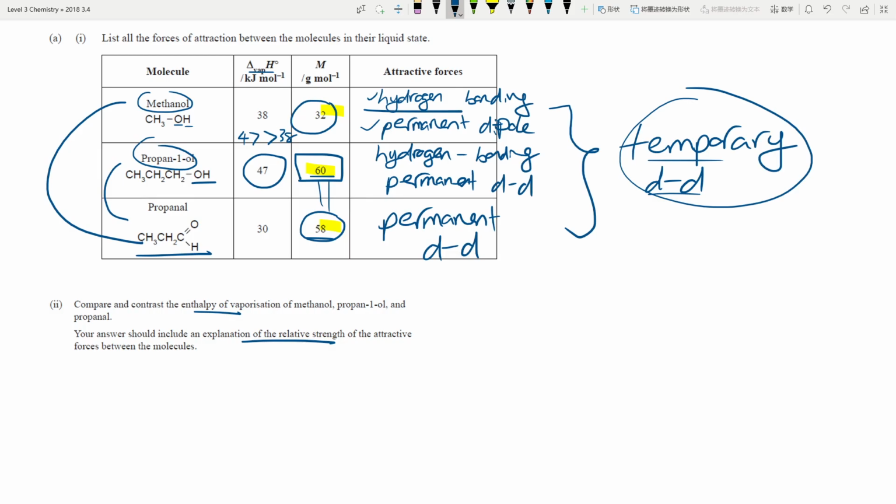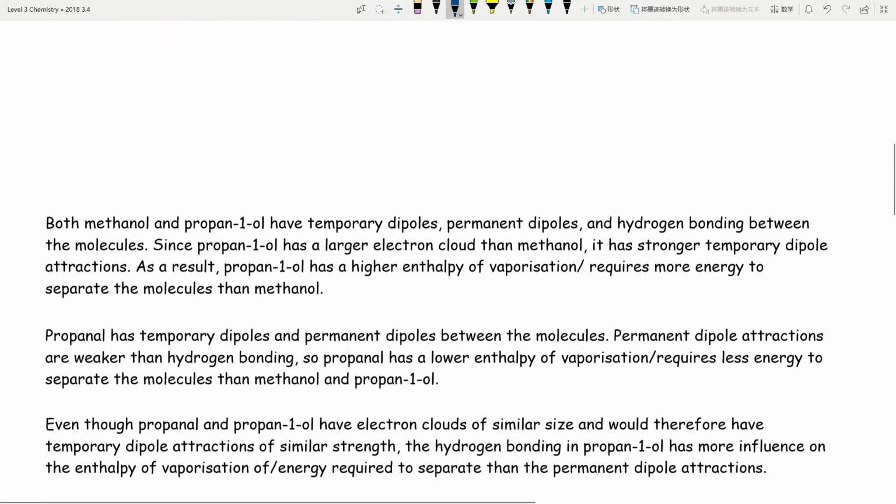Okay, so it really depends on how you want to structure these answers. I normally want my students to explain what type of intermolecular forces we're talking about, like saying temporary dipole-dipole force of attraction is due to movement of electron densities, and then the hydrogen bonding. Sometimes I ask them to draw a diagram, but you can explain this in whatever way you want.